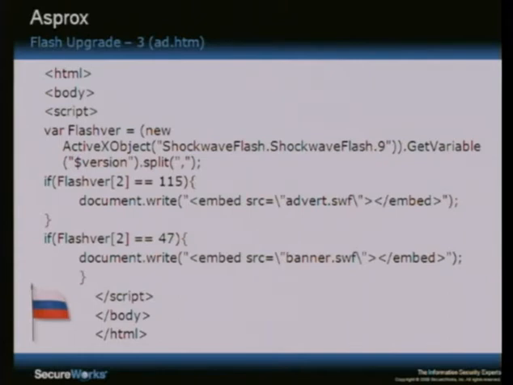Flash 1.15 was the latest version affected by this flaw, and I'm guessing there was something slightly different about the 47 version, because they give you two different flash files, either advert.swf or banner.swf, depending on which Flash you have.